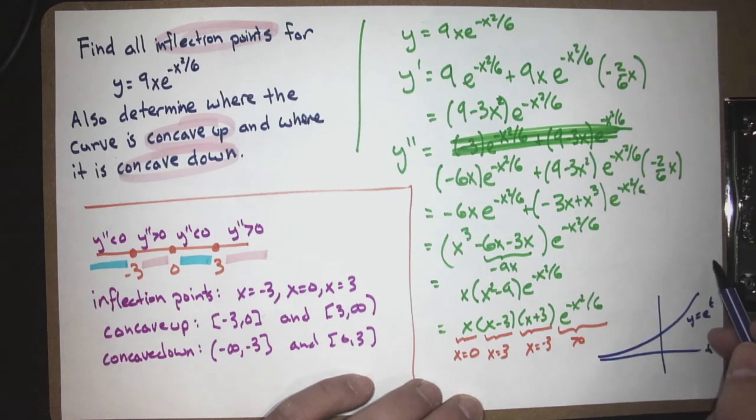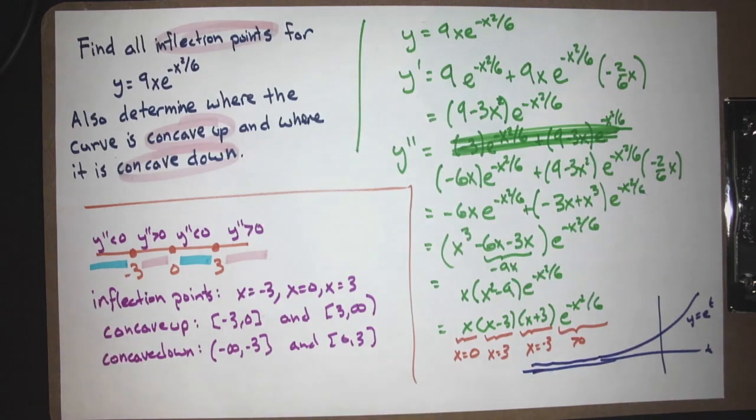As t gets big, it heads off to plus infinity. As t gets small, it gets close to 0. But it always stays above the line. It never goes negative. It never hits 0. So as soon as you have e to something, I know for sure it isn't 0. And in fact, if I see e to something, it's positive.